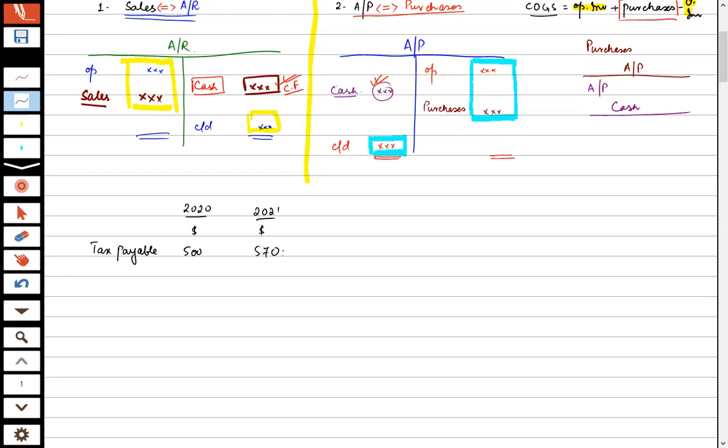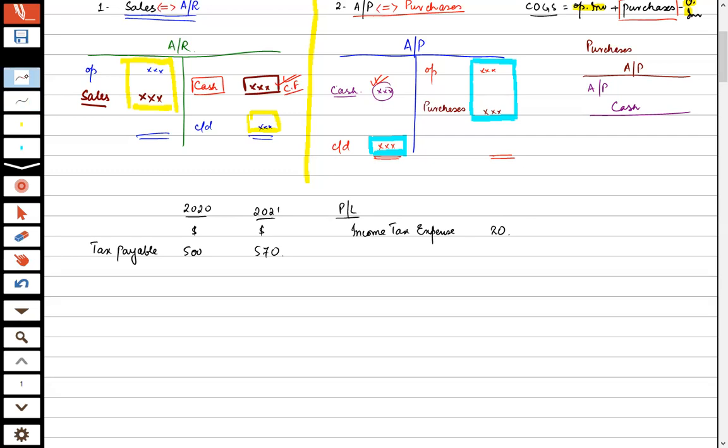And simultaneously in the profit and loss account, the income statement, we have been given an income tax expense of $20 for the year. Then obviously we have to calculate the tax paid to the tax authorities, the tax paid to the government.